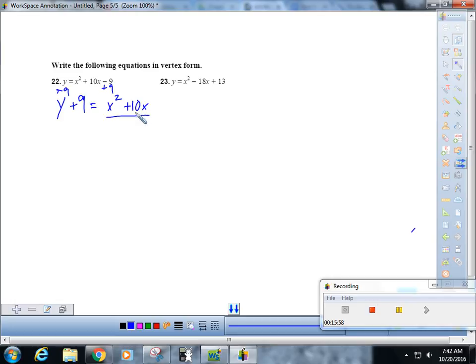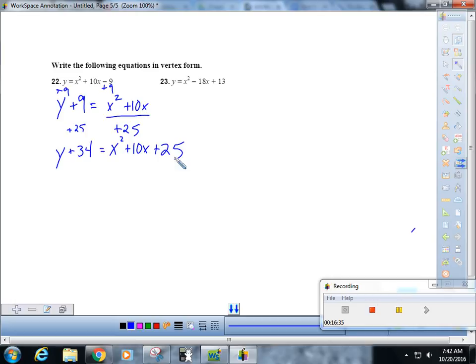And what's 5 squared? So I'm going to add 25 to both sides. Normally you'd be like, why are you doing that? I hear you. You just got to trust me on this. So you got y plus 34 equals, and now we have x squared plus 10x plus 25.